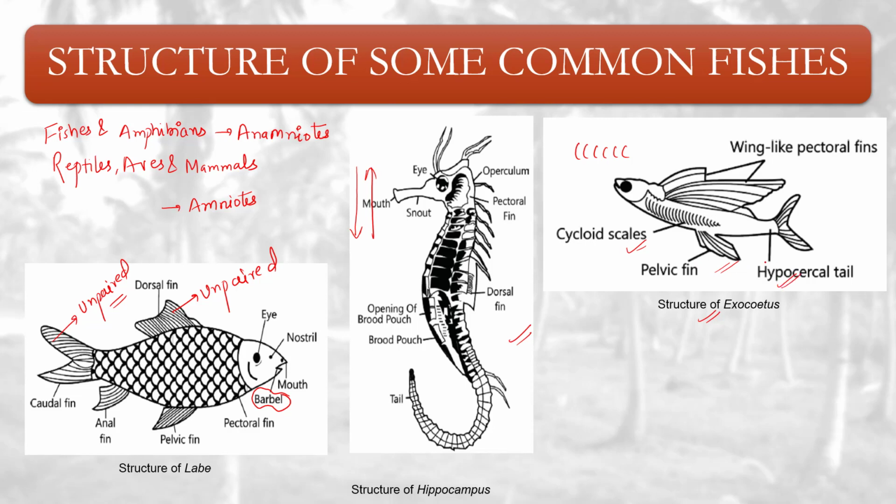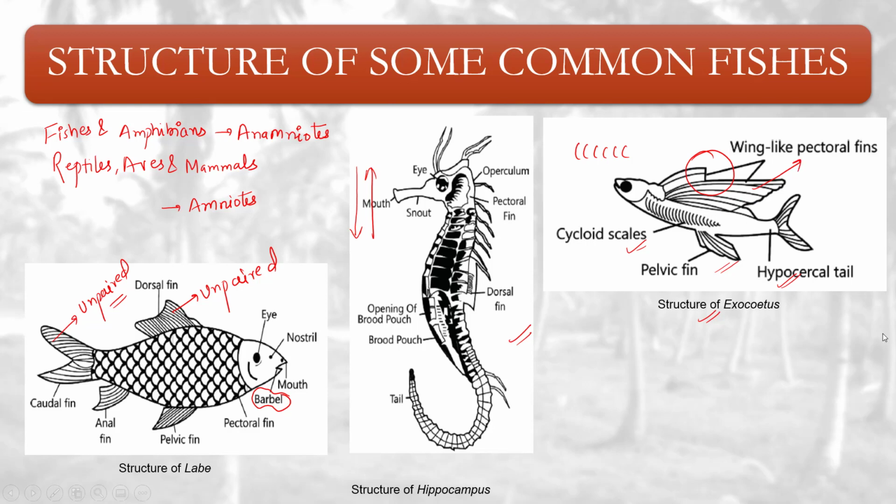You have learned about homocercal, you have learned about heterocercal, and now this is the hypocercal, meaning both the lobes of the caudal fin are small. The pectoral fins are modified into wings. These are the pectoral fins, modified into wings.